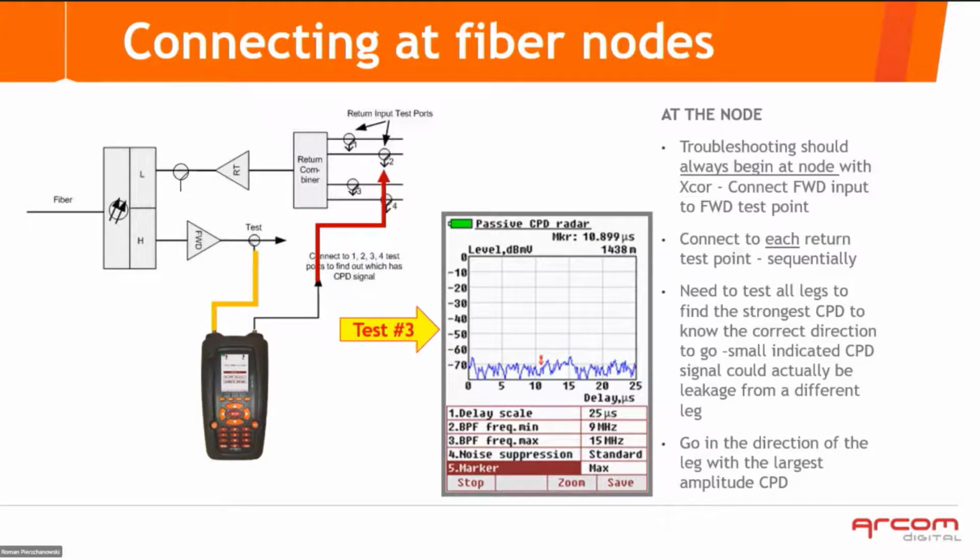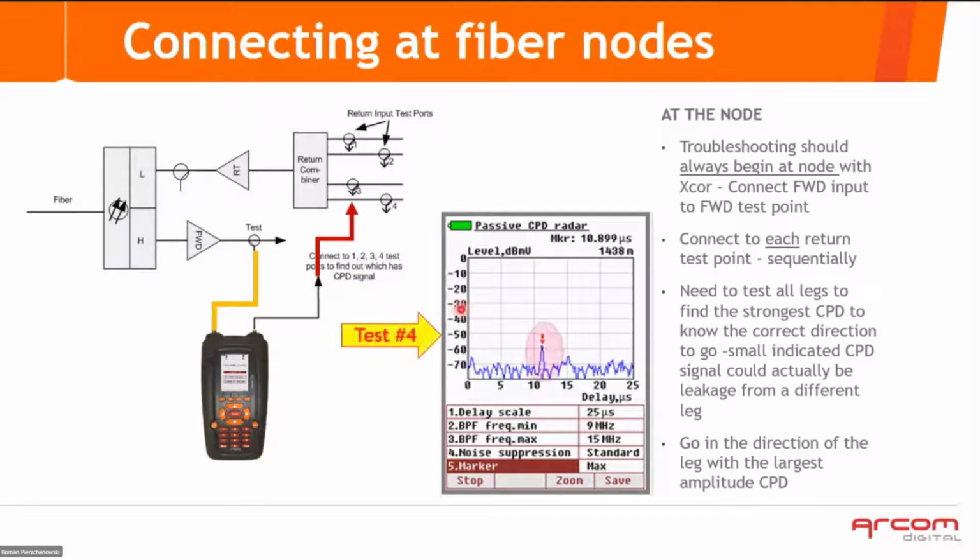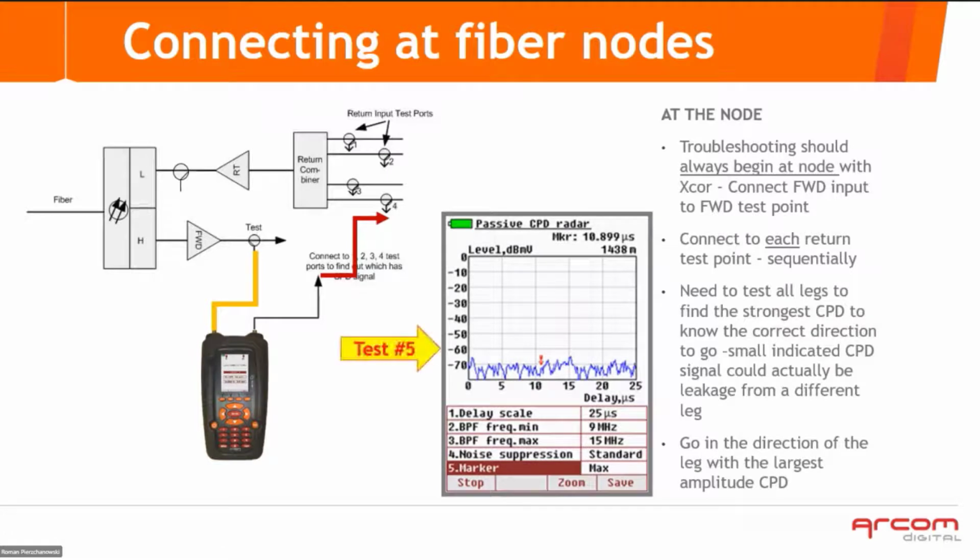We connect to the next port, and we see, of course, a lower level, but still at the same time delay, almost exactly the same as we were seeing here. And this is our main peak. It's coming on this leg, on this one. If we test the last leg, we see nothing.